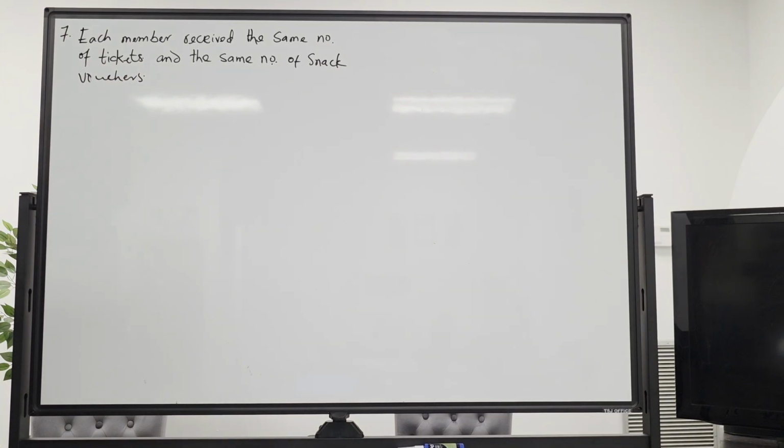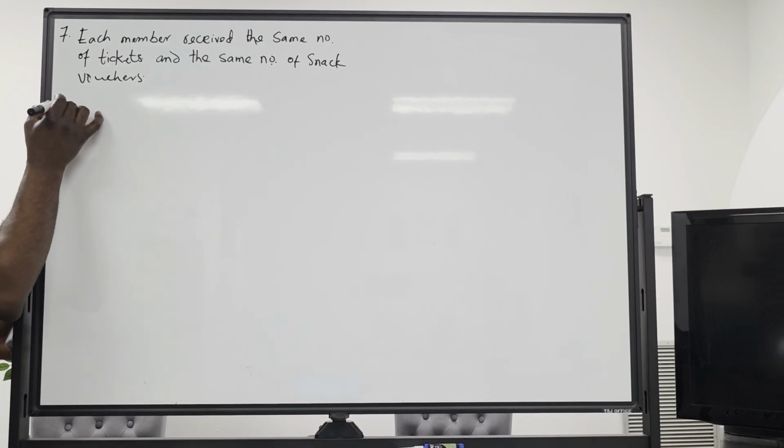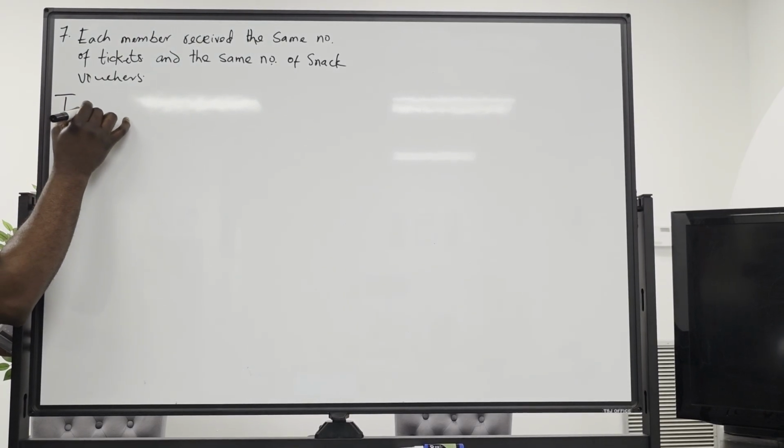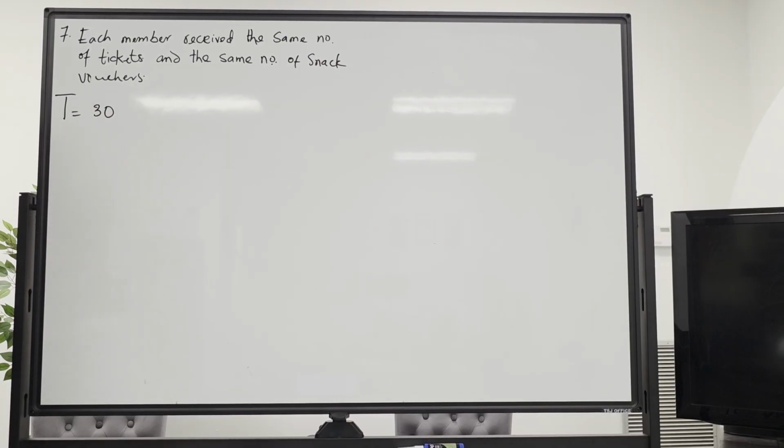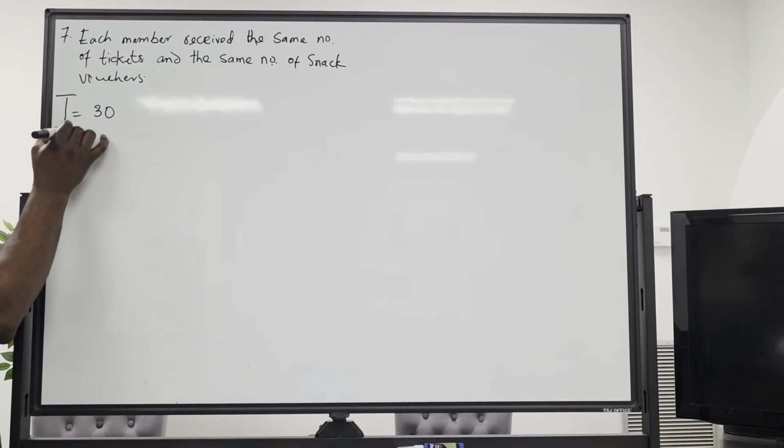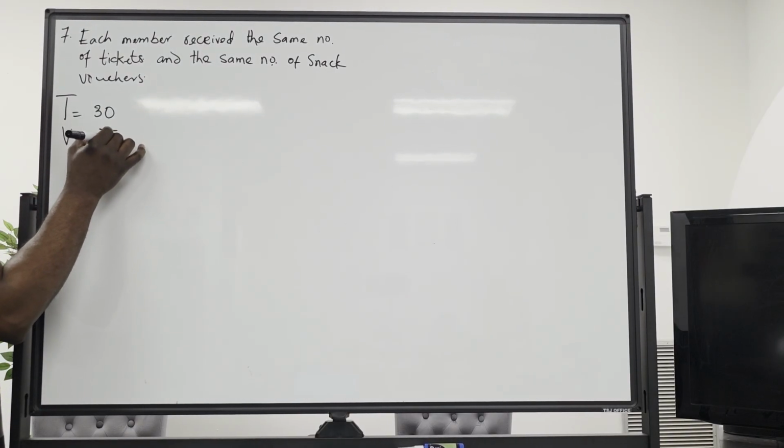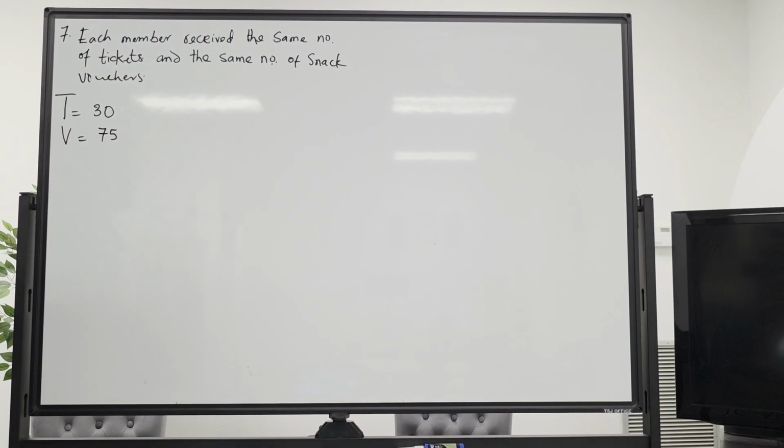The total number of tickets she gave to our group was 30. So I'm going to put T for tickets. Total number is 30. And the total number of snack vouchers was 75. Vouchers, 75. Which of the following could be the number of members in Levon's work group?